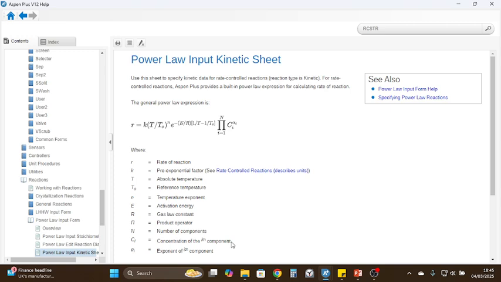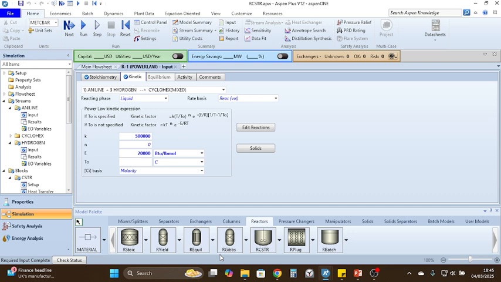Ci is the concentration of the ith component and alpha is the exponent of the ith component. So this is what all these notations mean inside this particular power law kinetic formula. So someone was having difficulty in this. Is the doubt cleared?